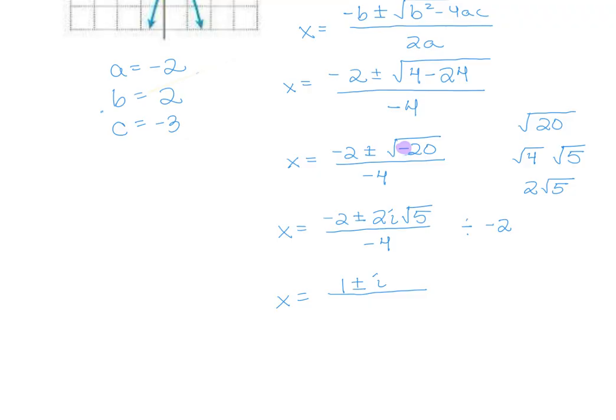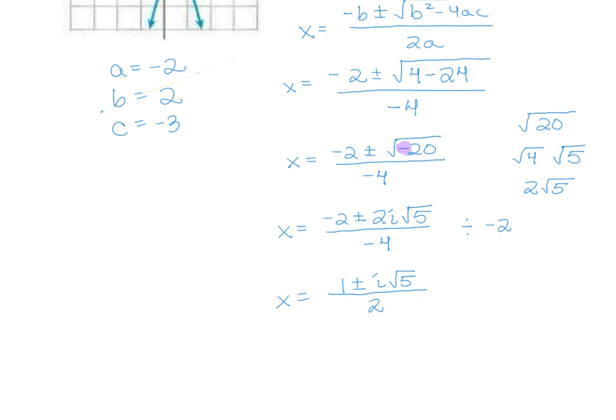And you don't have to write it here just because we got more stuff in that term. We still have our i square root of 5, and so we can just write this as plus or minus i square root of 5. And then finally, we want to divide the denominator by negative 2, and we get positive 2. And we're done.